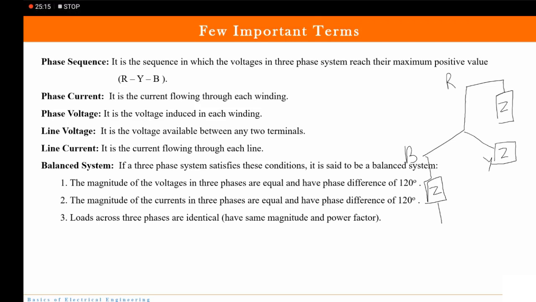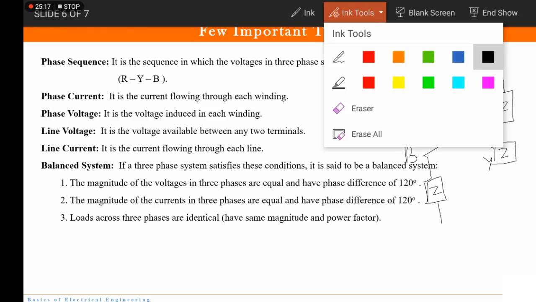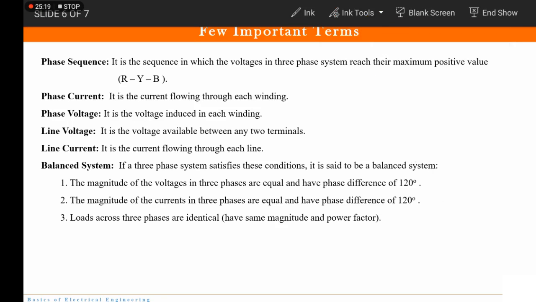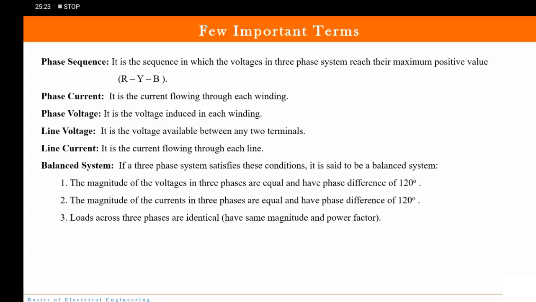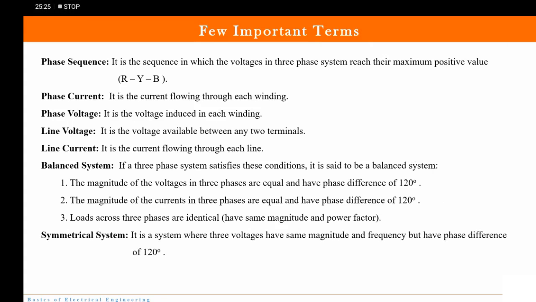So the impedance should also be the same. It means the load has to be the same. Then comes the symmetrical system. A symmetrical system is a system where these three voltages have the same magnitude, same frequency, but the phase difference is 120 degrees.